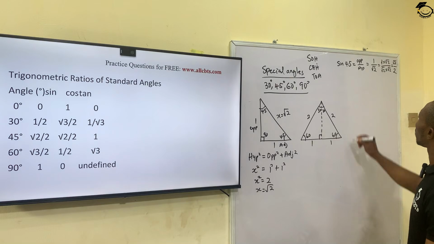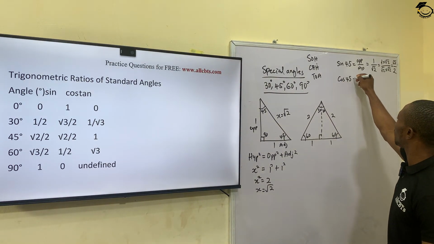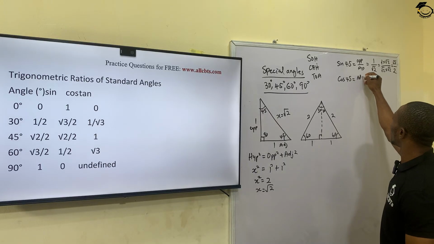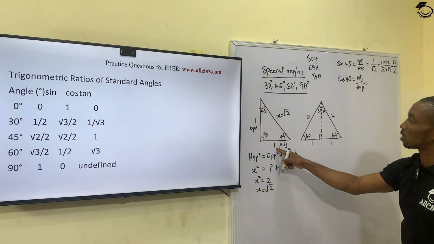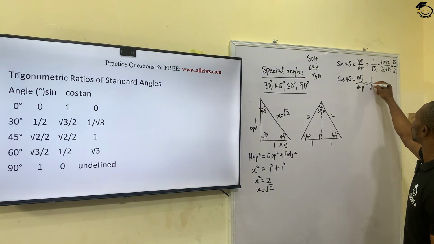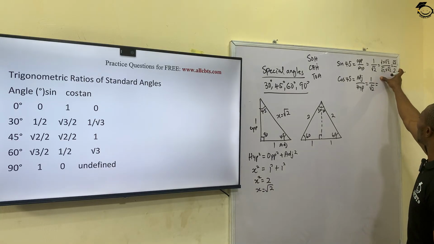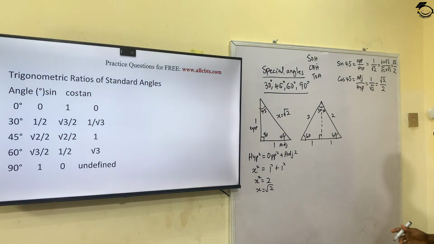Now, looking at cos 45, we have it as adjacent over hypotenuse. The adjacent is also 1, and the hypotenuse is root 2. So applying the same formula here, we have root 2 over 2 as our cos 45.